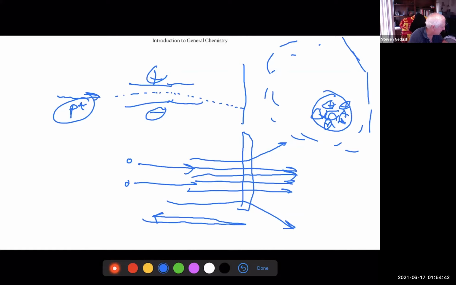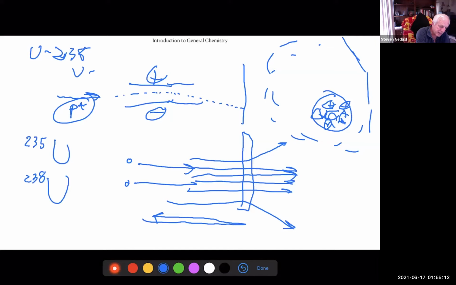When you write the symbols, remember we talked about different isotopes. Isotopes have the same number of protons because it's the same element, but a different number of neutrons. Let's take uranium. Uranium has isotopes uranium-234, 235 and 238. You write the mass number in the upper left-hand corner: uranium-235 and uranium-238. You could also write it as uranium-235 or uranium-238.